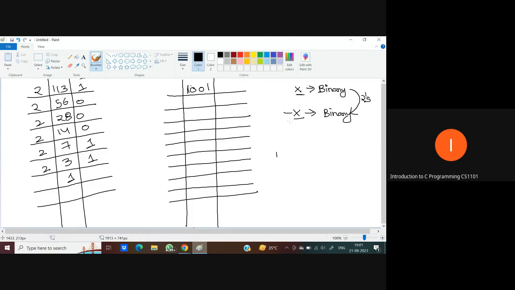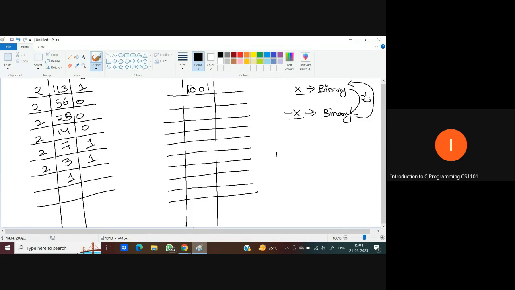If you are given a negative decimal number and you are supposed to find out the binary representation for that, you should find out the binary equivalent of the positive number and take 2's complement of that. The vice versa is also true. That means if you have the binary representation for a negative number, and you take 2's complement of that, that is going to give you the binary representation of the same number's positive value.